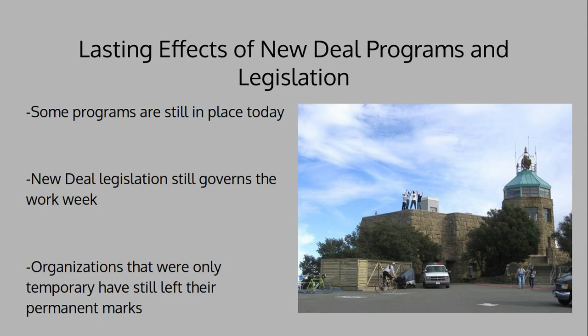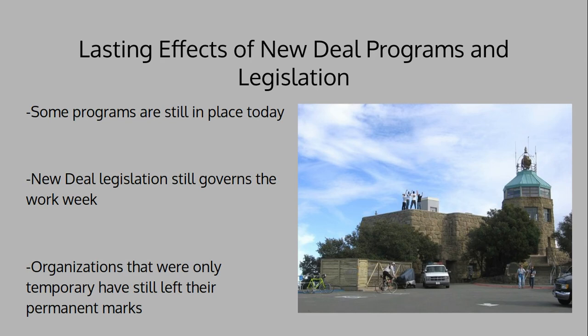Even though some of these organizations may not be here in and of themselves, the lasting impressions of those organizations are still here. A lot of the roads and airports and other transportation infrastructure that was built during the New Deal under these no longer existing programs, we still have that infrastructure today.